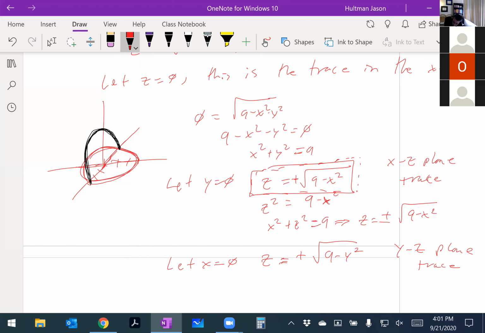Okay, so where's the yz plane? Again, this is xyz. So where's the yz plane here? Well, it would be this guy here. It's kind of hard to see, but we would get that guy, in purple.